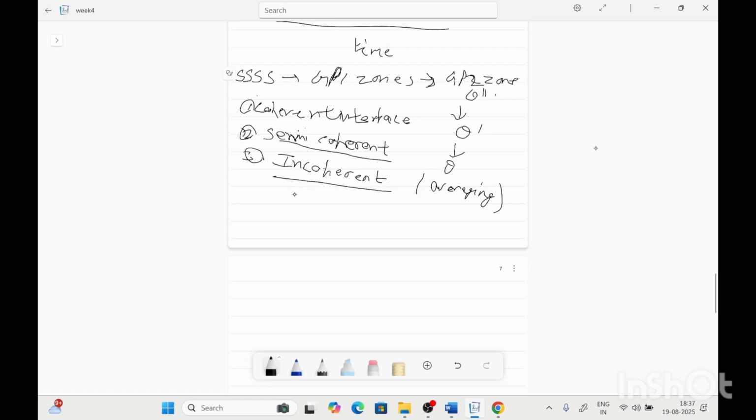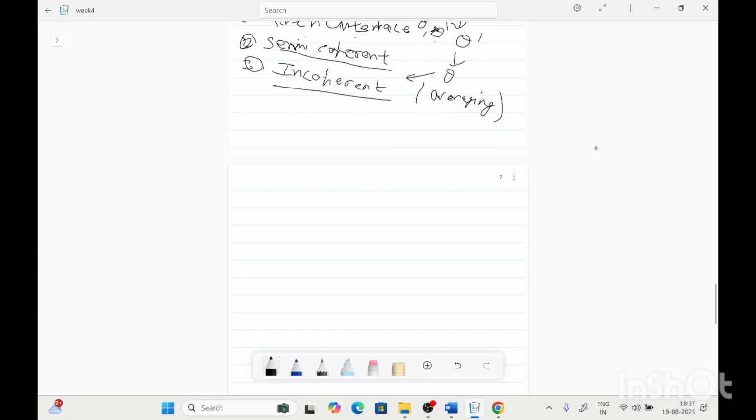The coherent interface generally exists in theta double prime and theta prime precipitates, and the theta precipitate forms an incoherent interface between the precipitate and the aluminum solid solution.